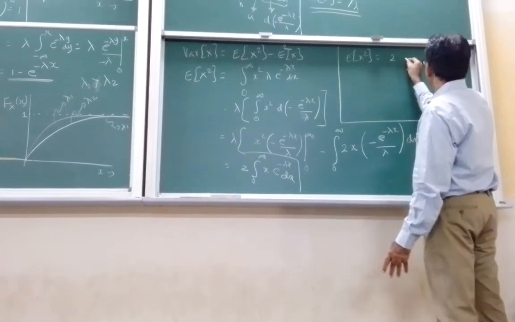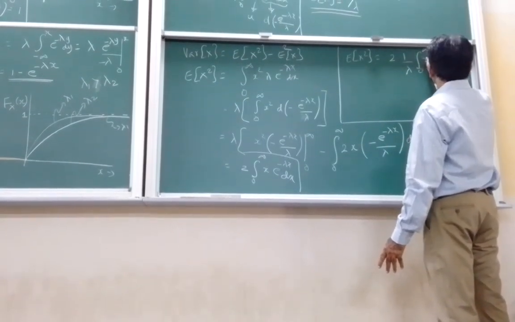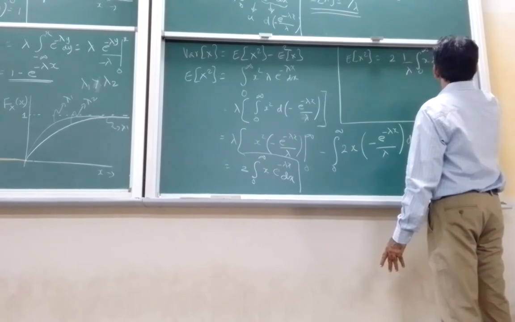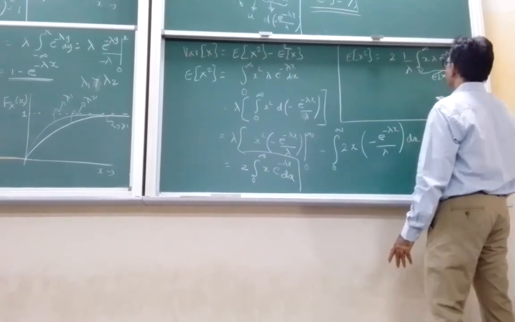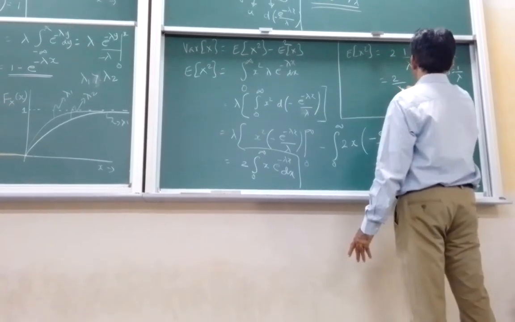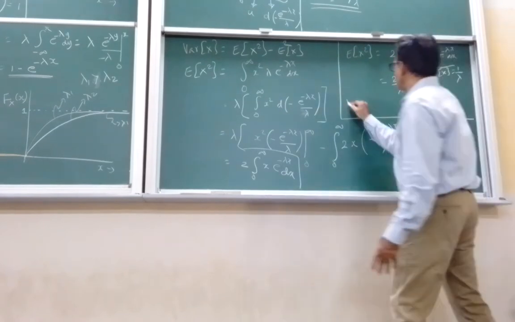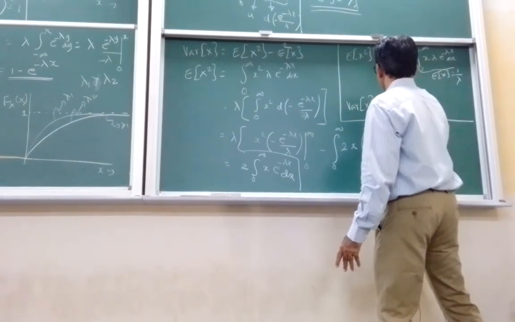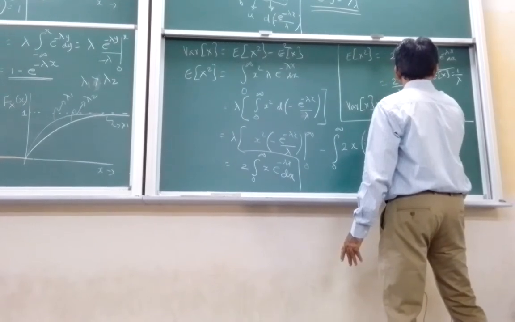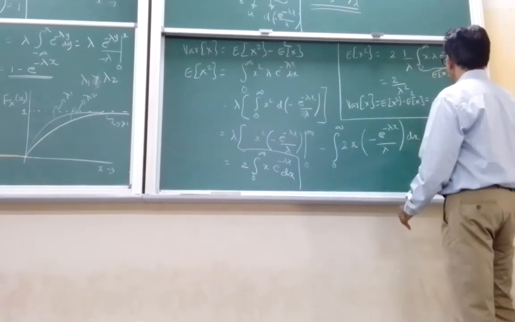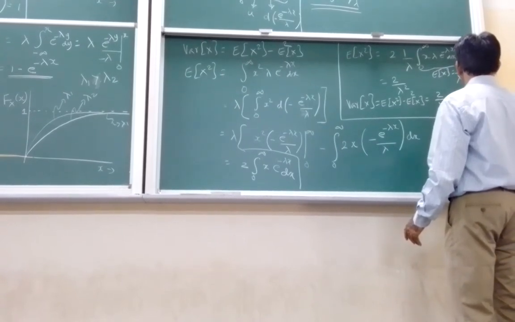So what I will do is divide it by 1 over lambda, and you get 2 by lambda square. Then the variance of x is 2 by lambda square minus 1 by lambda the whole square.